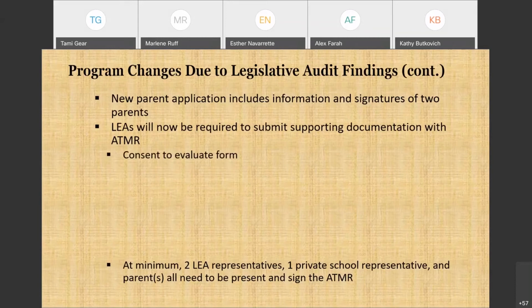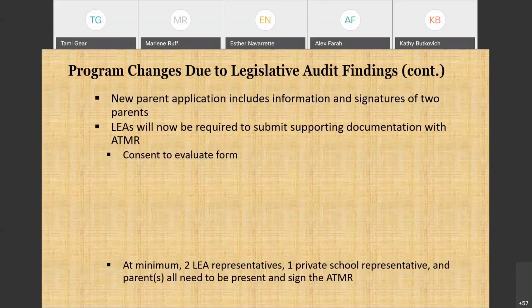There has to be a consent. I was just going to make sure that that is for level 1 and level 2s. The documentation, yes. We want to make sure we're getting not just the 2-page ATMR, even if it's a level 1, right?